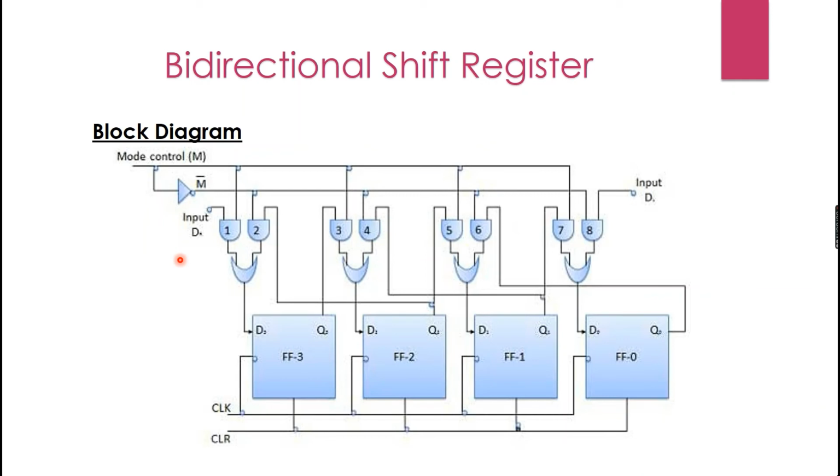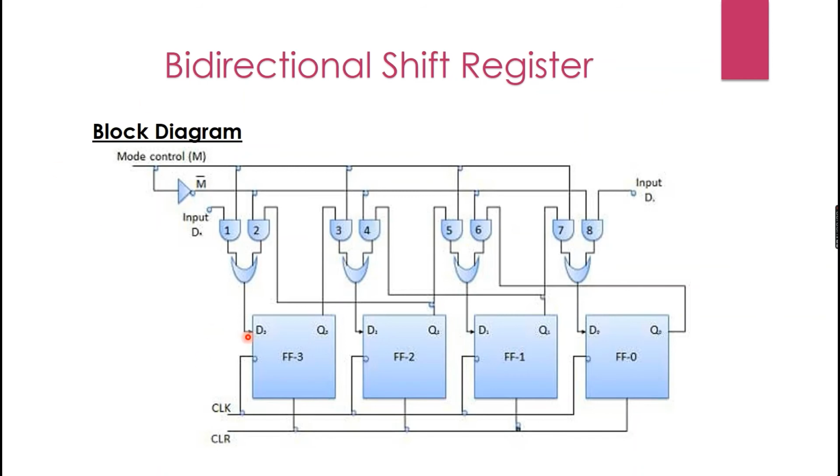So we will get D right as input, and for D3 the D right input will be stored in D3, and Q3 will store this value, and Q3's value is passed through to D2 here, and similarly Q2 value is passed through to D1 here, and similarly Q1 value is passed through to D0 here. And we have stored it, and after each negative clock cycle we can shift this value to the right as we want.